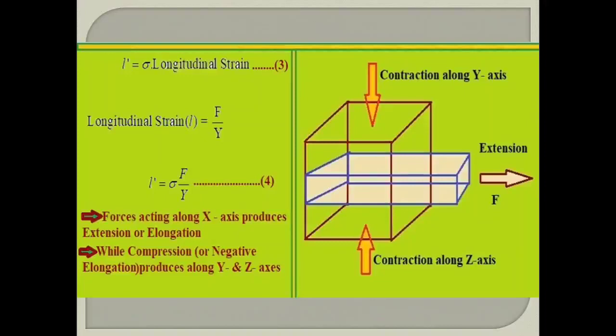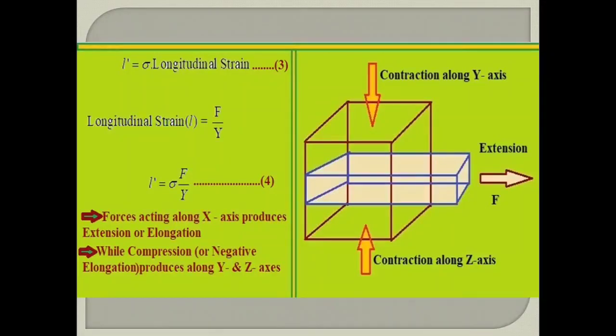Forces acting along the x-axis produce extension or elongation, while compression or negative elongation is produced along the y and z axis, as already shown in the diagram.